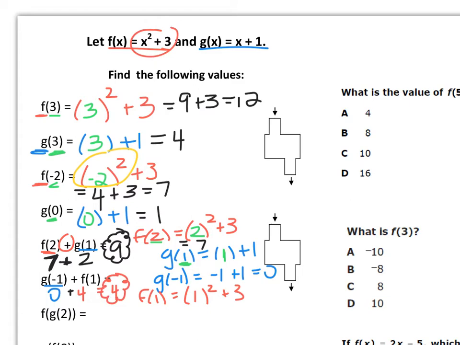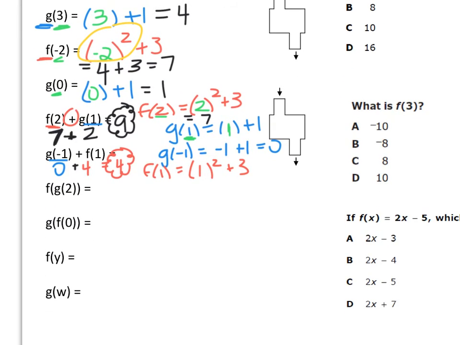Now, the next couple of questions are something special we'll talk about in a while called composition. What we do with this is we're going to start at the inside. So this one is telling me the first thing I need to do is find g of 2. So let's find g of 2. I'm going to come over here, do scratch work. So that's parentheses plus 1. We're substituting in 2.